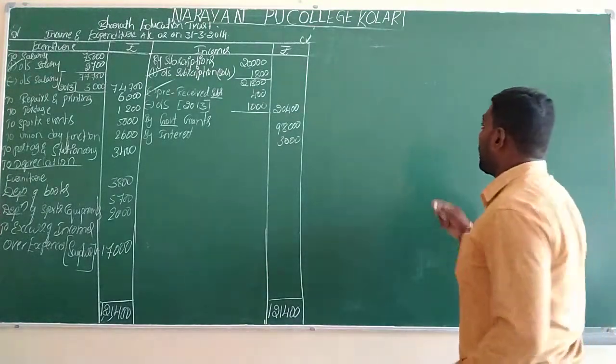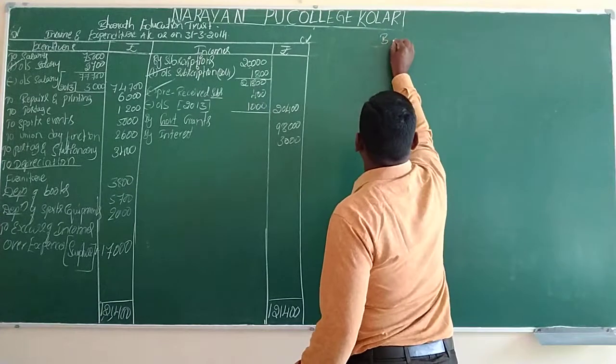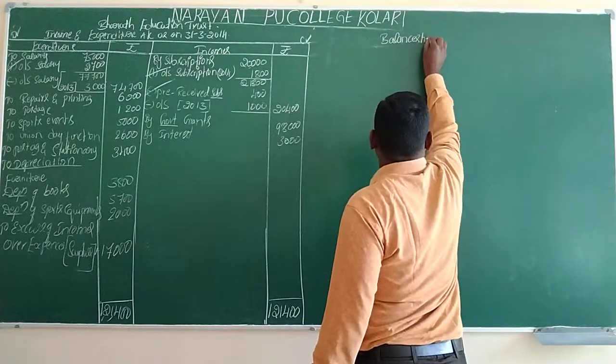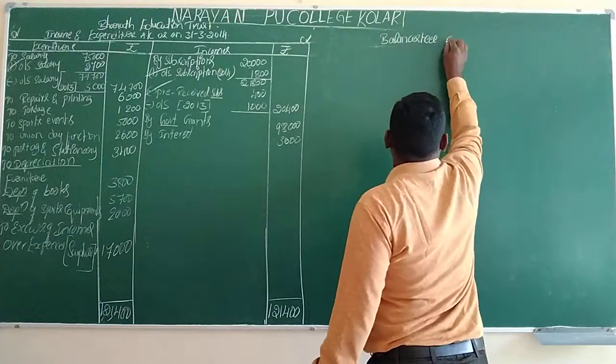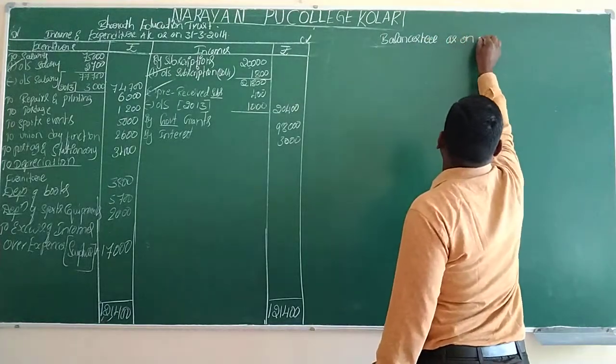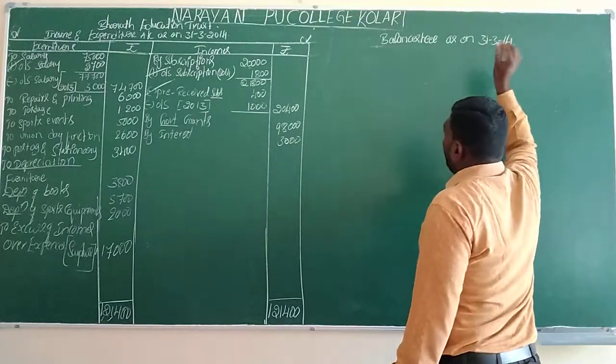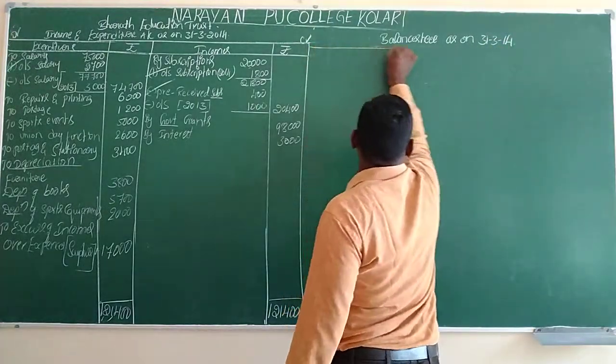First we have to write down the heading: Balance Sheet as on 31st March 2014. We will draw the columns for the balance sheet.